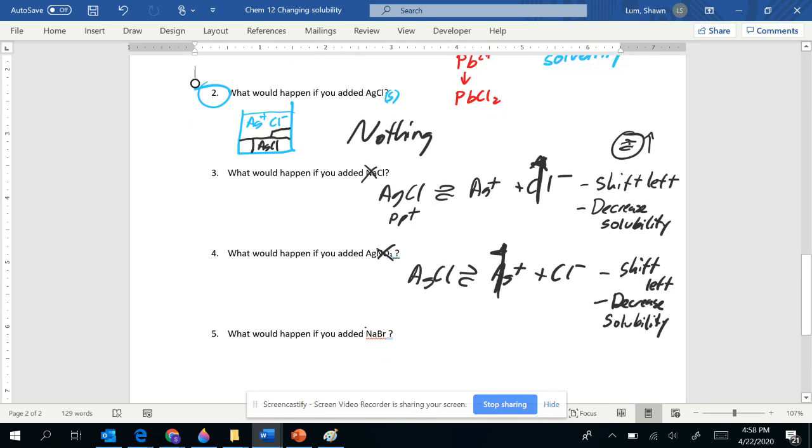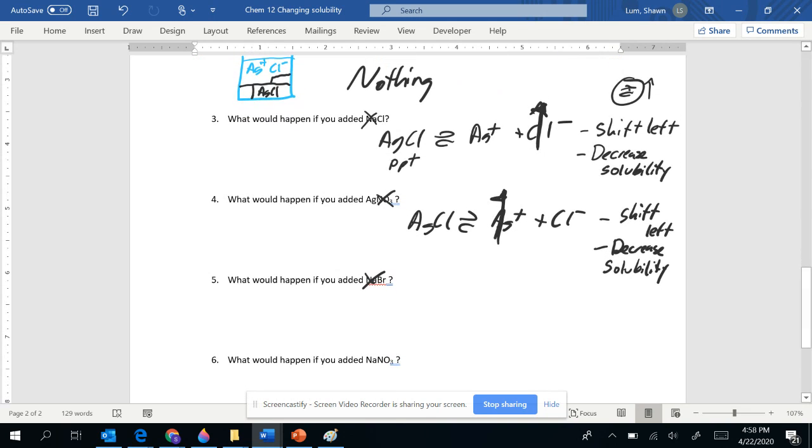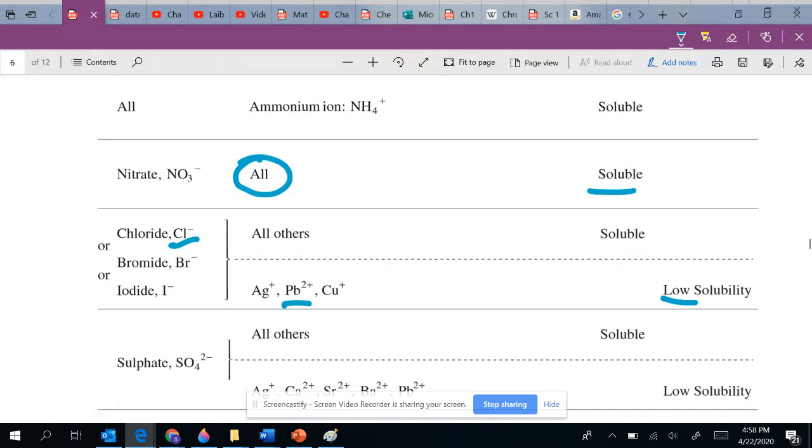Here's an interesting one. NaBr, again, Na, spectator. Okay, let's write our formula out. So we're going to be adding Br. Let's take a look.